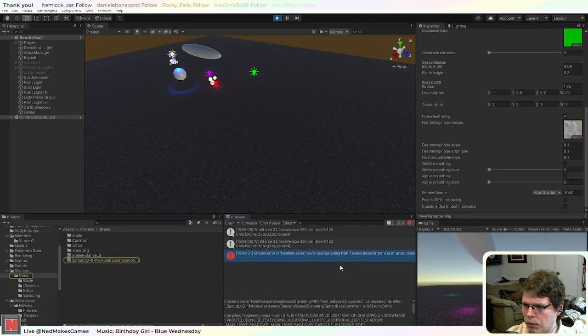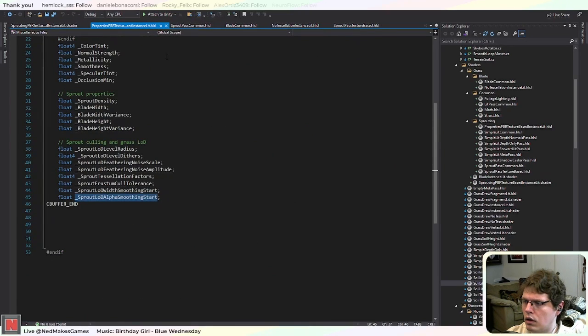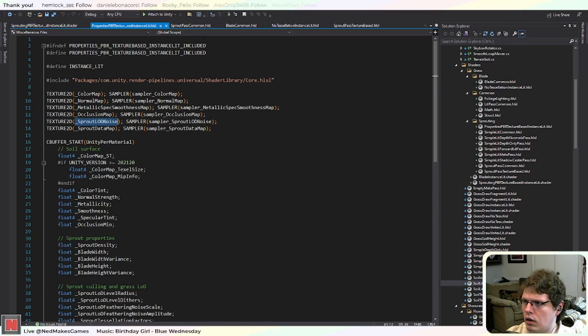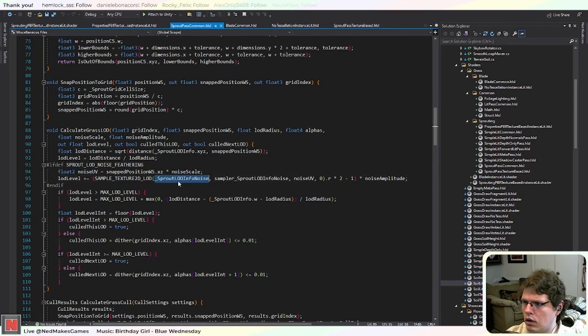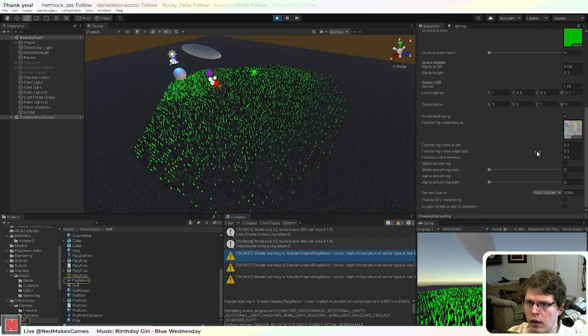Undeclared identifier, sprout LOD info noise. Okay, I think I just got the names a little mixed up there.